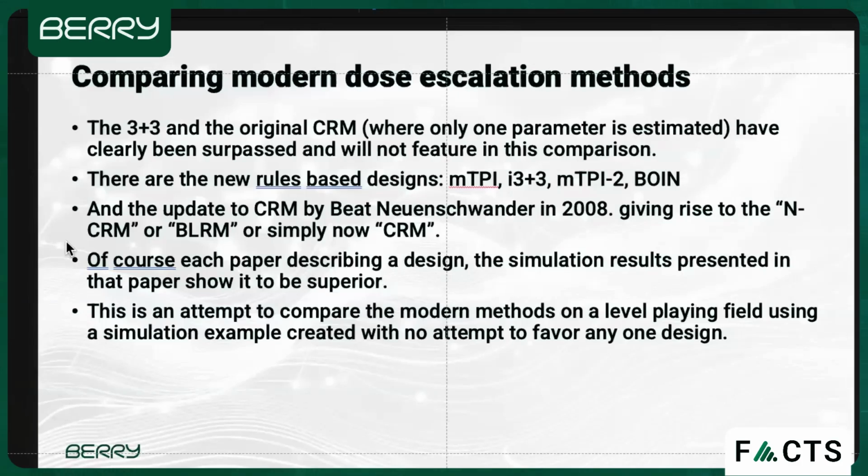So I'm going to variously refer to it as just the CRM or the NCRM or even BLRM, the Bayesian Logistic Regression Model, which is how I think it's referred to in some other places. But if I say CRM, I mean what we used to call the NCRM. If I say the BLRM, I mean the same thing.